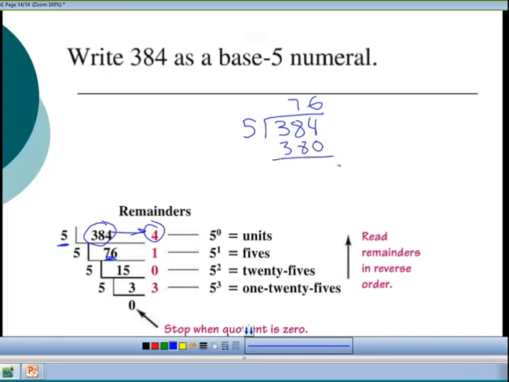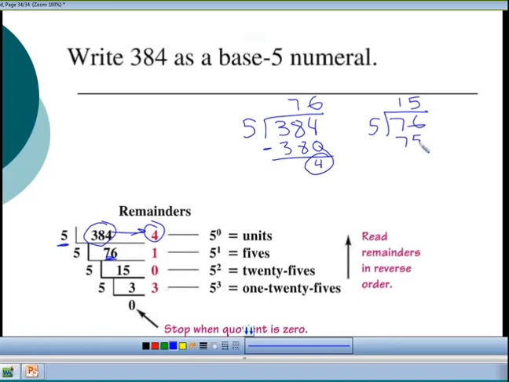So the remainder we're talking about is the 4 here after I subtract. This is my remainder. Then I take my 76 and divide it by 5, and I get 15 times, with a remainder of 1.